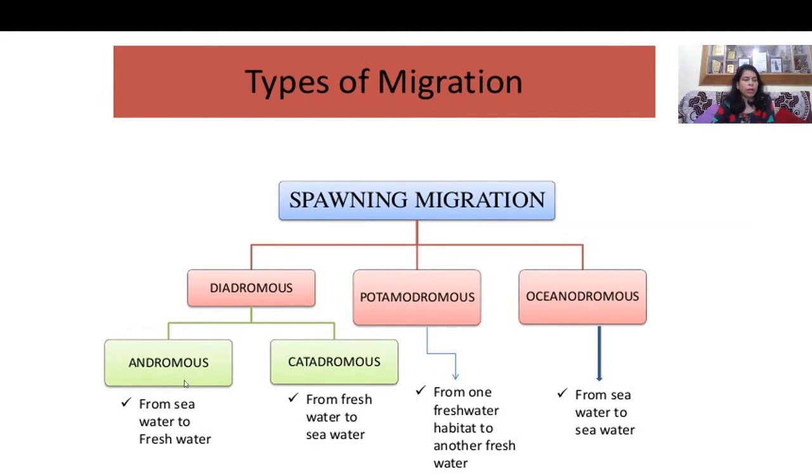As I told earlier, in anadromous migration, fishes migrate from seawater to freshwater, and in catadromous, fishes move from freshwater to seawater. In potamodromous migration, fishes move from one freshwater habitat to another freshwater habitat, and in oceanodromous migration, fishes move from seawater to another habitat of seawater.